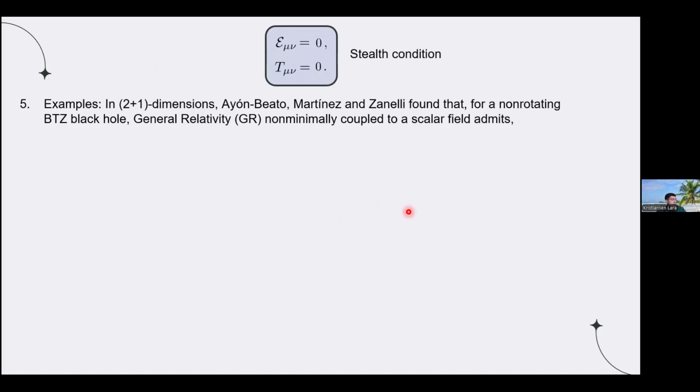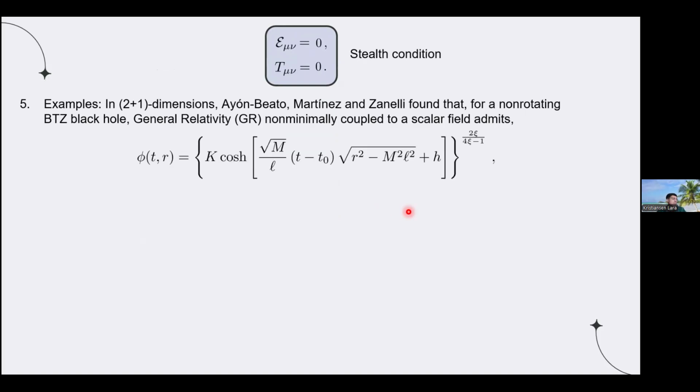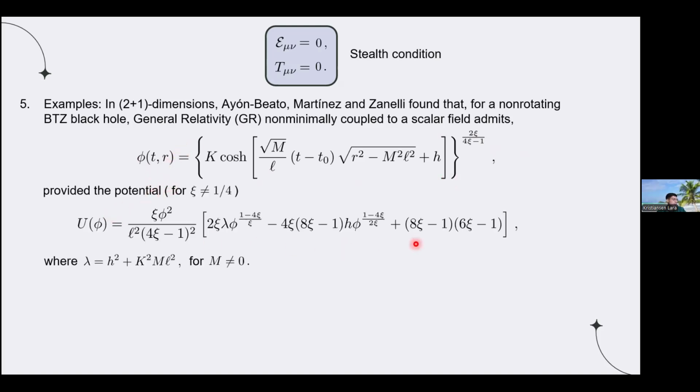A prominent example was given in 2+1 dimensions where Eloy Ayón-Beato, Cristian Martínez, and Jorge Zanelli found that for a non-rotating BTZ black hole, GR non-minimally coupled to a scalar field admits a stealth overflying this geometry, a non-trivial configuration for the scalar field, provided the following potential that you can see here, where lambda is given by this expression.